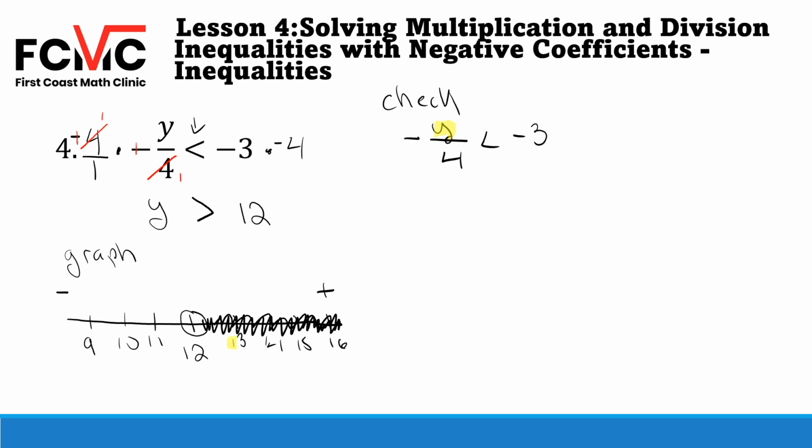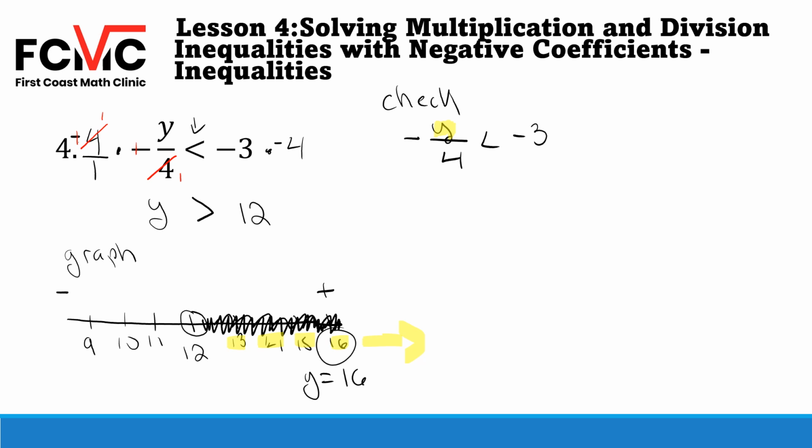We could substitute 13, 14, 15, 16, 17, 18, any value in this range that's going to be larger than 12. Well, 13, 14, 15 isn't divisible by 4, but 16 is. So I'm going to choose 16 as my y value.